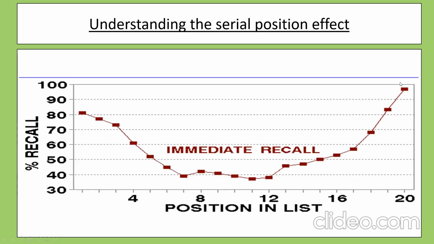So what tends to happen is this kind of effect. You can see at the beginning, people recalled lots of the words, and then towards the middle, the recall was really poor. People tended to forget them. And then towards the end, recall went up really, really high. So people were really good at the beginning, really good at the end, really poor in the middle. And this supports the multi-store model.